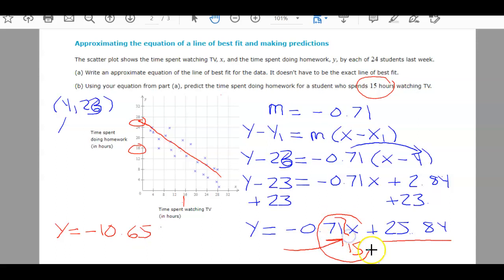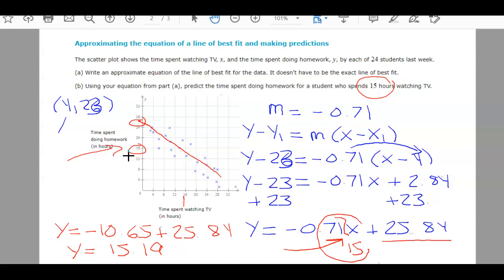Actually, not the x, because 15 is x, so negative 0.71 times 15. And then we have to add in 25.84. So when we add them together, you guys, we get y is equal to 15.19, and that was very close to our estimate.